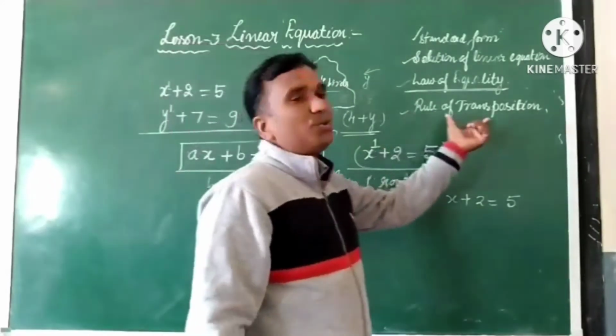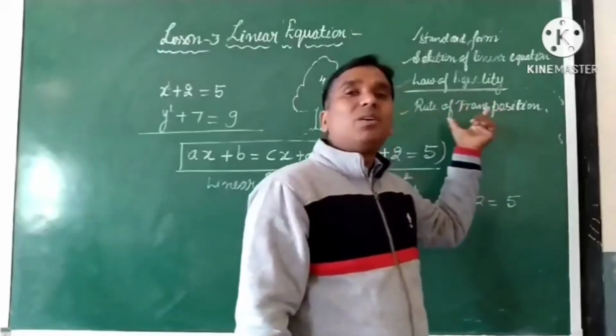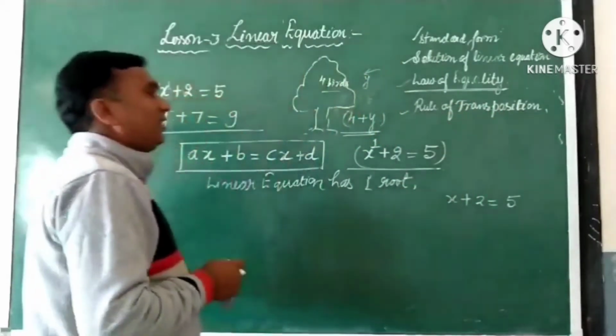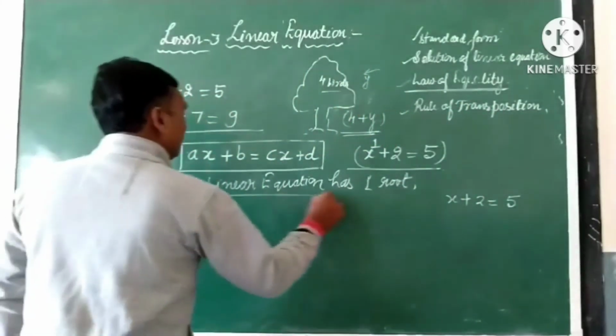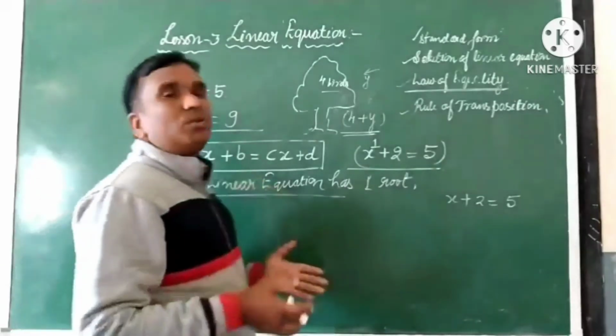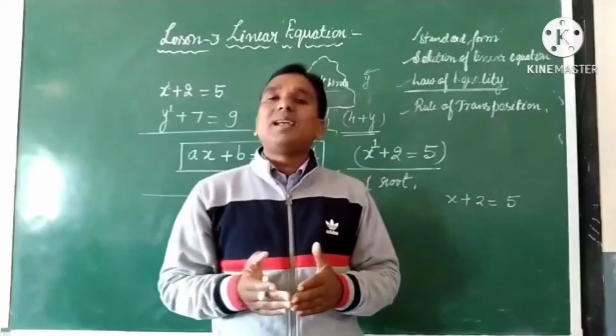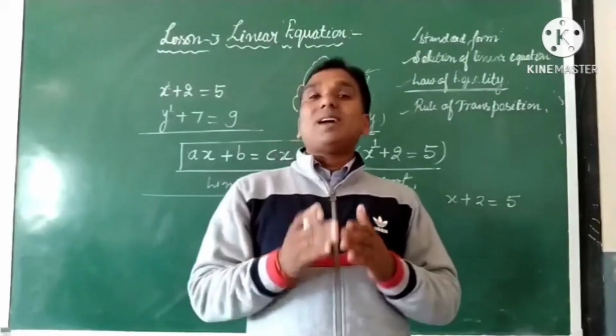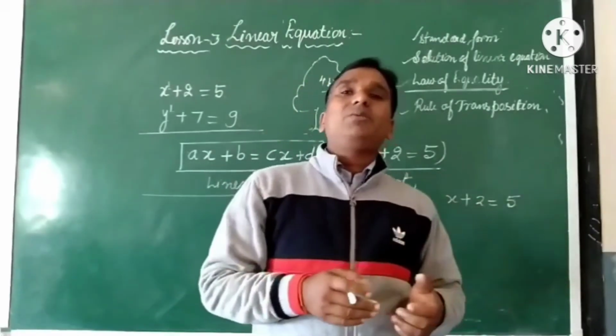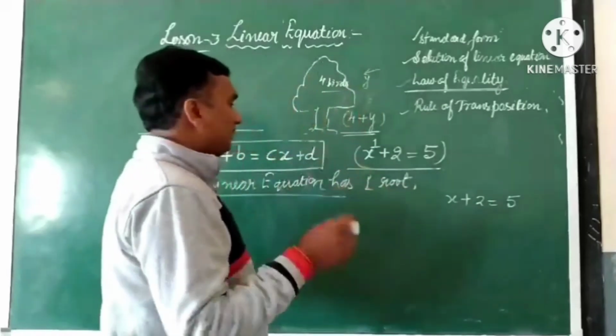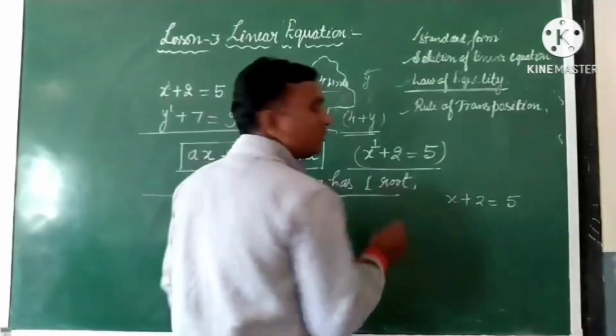Rule of transposition. This is an important rule to solve any linear equation. In the transposition rule, you have to keep the variable on one side of the equal sign and the constant on the other side. But there are some precautions.